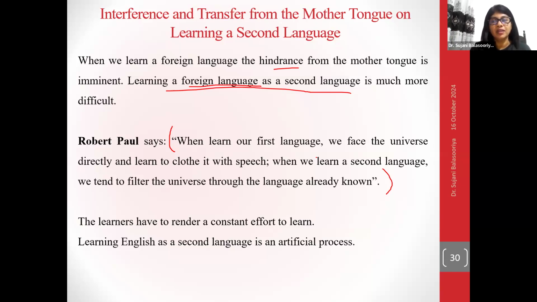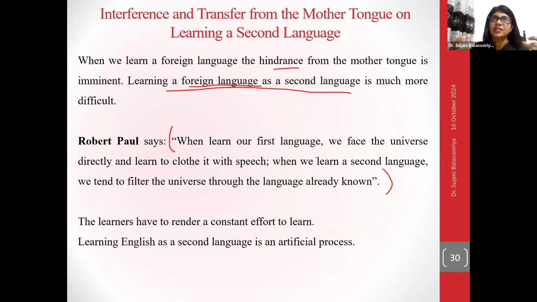By the time you learn the second language, you already have mastered your first language, which means already you have looked at the universe via a language. Now, when you are going to learn another language, we tend to filter the universe through the language already known.